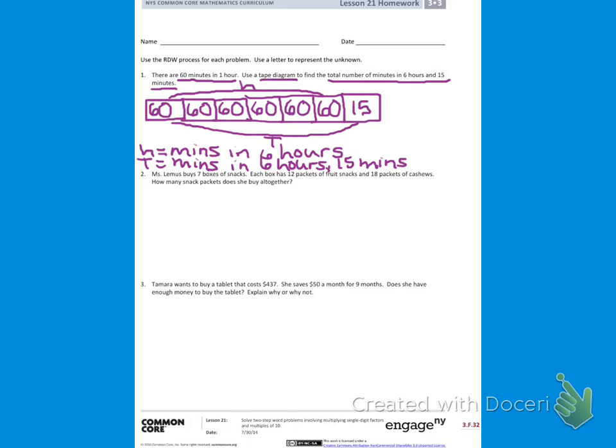Now I've done the drawing part with the picture, but let's go ahead and do an equation to show how to solve this as well. So let's figure out what H is. 6 groups of 60 is the same as H, or the minutes in 6 hours.